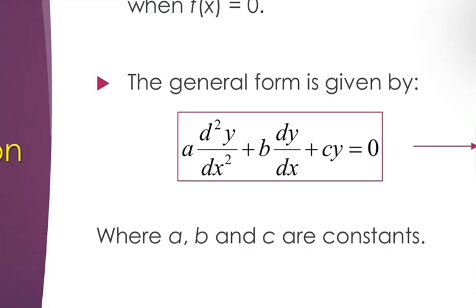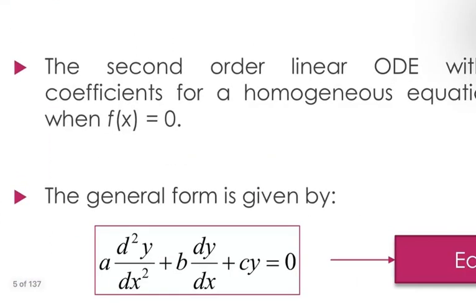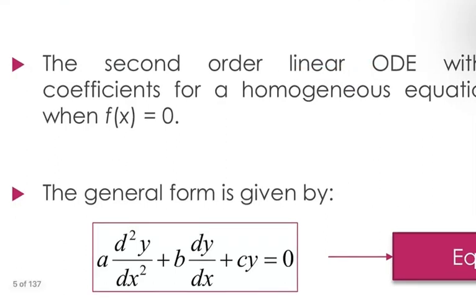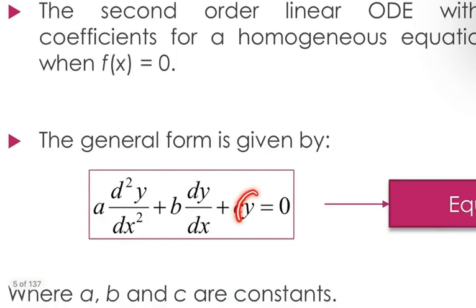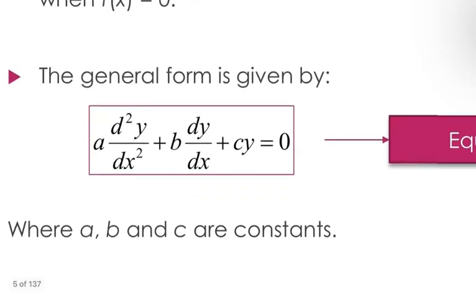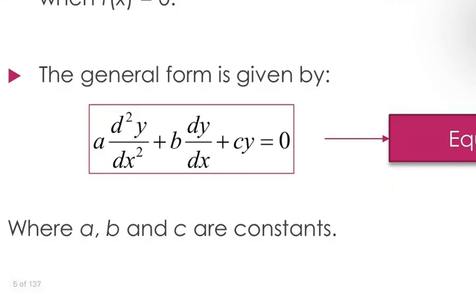And don't forget, because this is a linear ODE, the variable y, the highest power must be equal to 1 in order to call this a linear equation. So this is the general form where a, b, and c are constants. Constant means numbers.